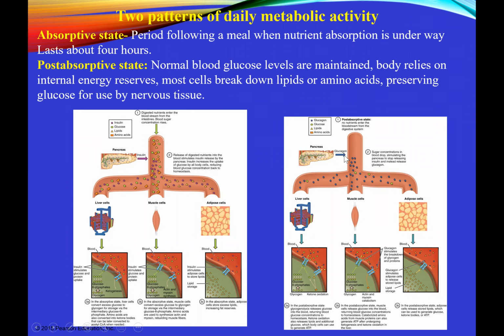So glucagon will work on the liver cells to break down the glycogen reserve and increase the blood glucose concentration. Same in your muscle tissue also. In the adipocytes, glucagon will stimulate adipocytes to break down the lipids to make energy.